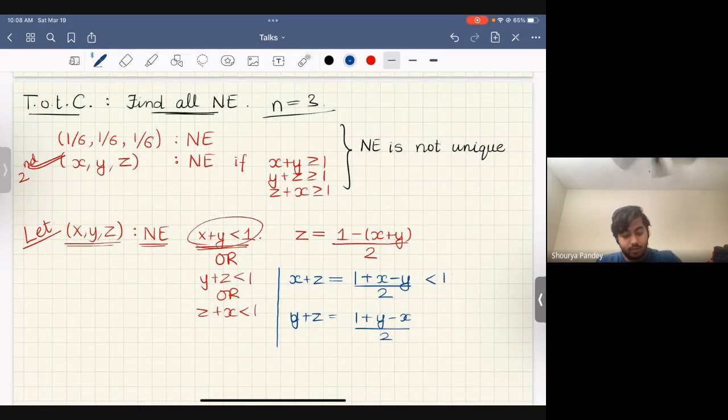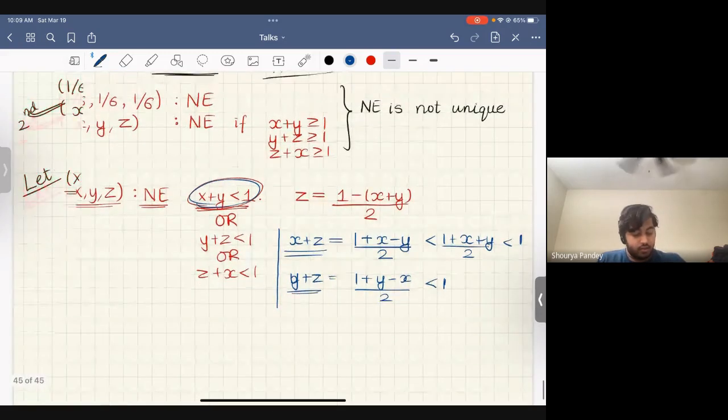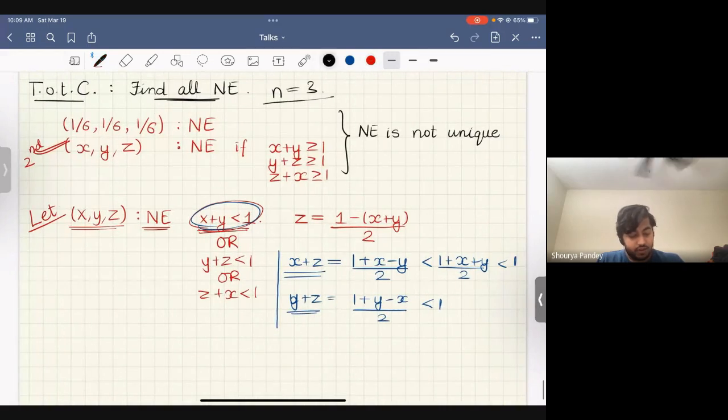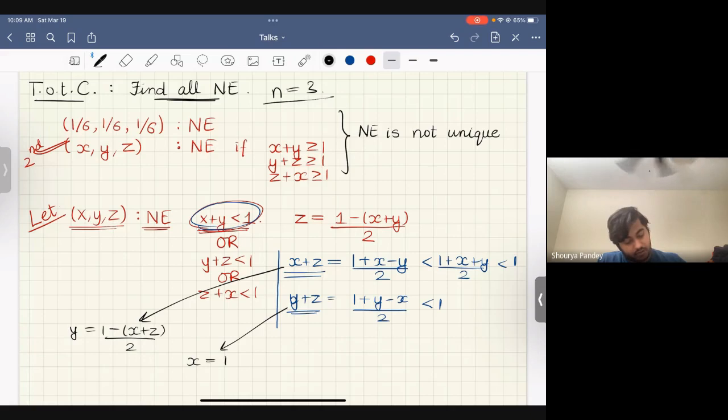Because this is less than 1 plus x plus y over 2, which is less than 1 because of this. And so since x plus z and y plus z are also less than 1, it must mean that the corresponding other variables, that is, since this is less than 1, this means y must be 1 minus x plus z over 2. And this must mean that x is 1 minus y plus z over 2. And we already have this. And so we can just solve these and get 1 over 6 each.